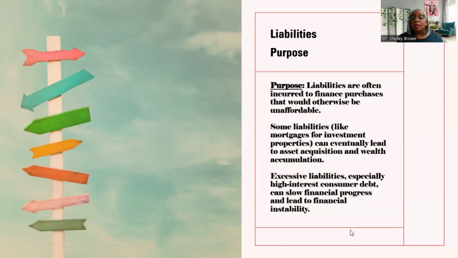Some liabilities, like mortgages for investment properties, can eventually lead to asset acquisition and wealth accumulation. Like I was saying, if you're purchasing real estate, for example, we talked about house hacking. If you purchase real estate and you live in that real estate for a year, and then you later turn around and rent it out, then that mortgage or that real estate has now become an asset.